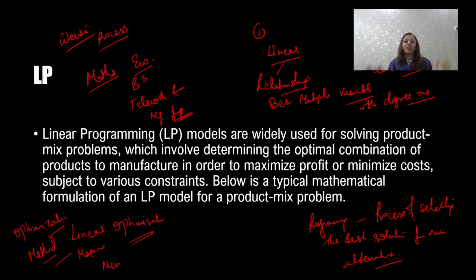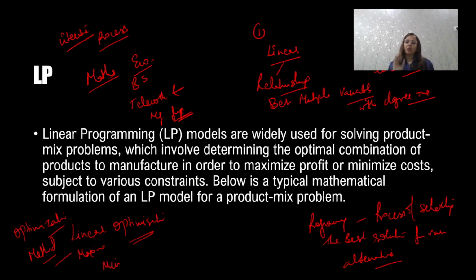Like we have a given set of requirements which are to be presented in a linear relationship. And the main aim of linear programming is to find the optimum solution. You can say that the linear programming method is the best method for considering different inequalities related to a situation. And when we are calculating the value with the help of linear programming, the best value is required to be obtained.